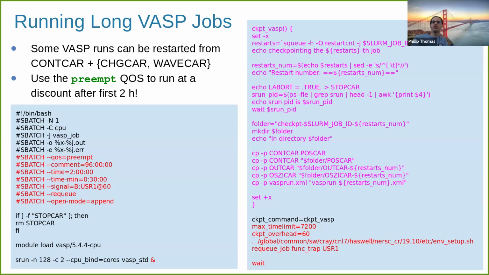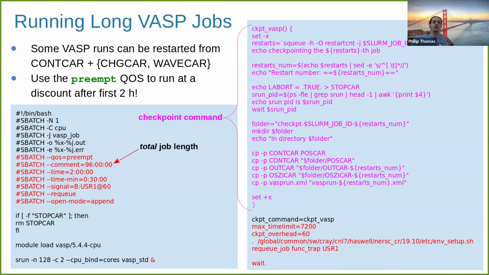The way this works is you start by declaring a checkpoint command, which will be issued at the end of the runtime of each segment of your job. So after the first 2 hours, the checkpoint command will be issued.